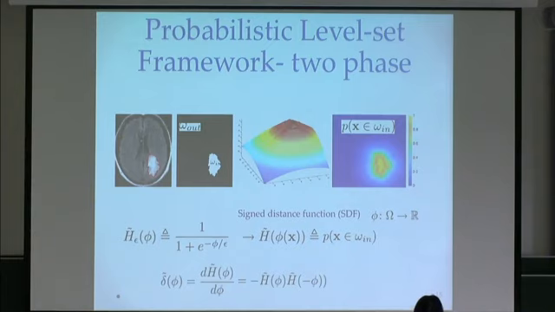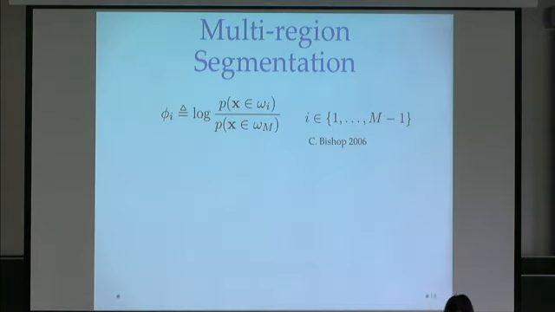I would like to extend it into the multi-region formulation. And in order to do that, instead of using the logistic regression sigmoid, I will use the multinomial sigmoid, or the softmax function. So if we do that, then phi, our level set function, can be defined as the log of the ratio of the probability of being part of the region of interest over the probability of being part of the background.